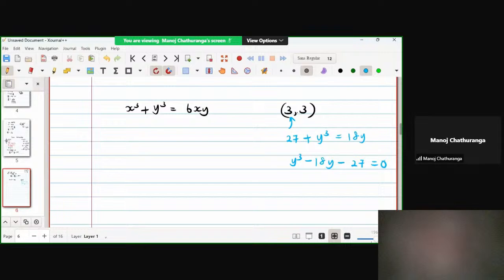Now we know y equals 3 is a solution, so y minus 3 is a factor, and we have y squared plus something.